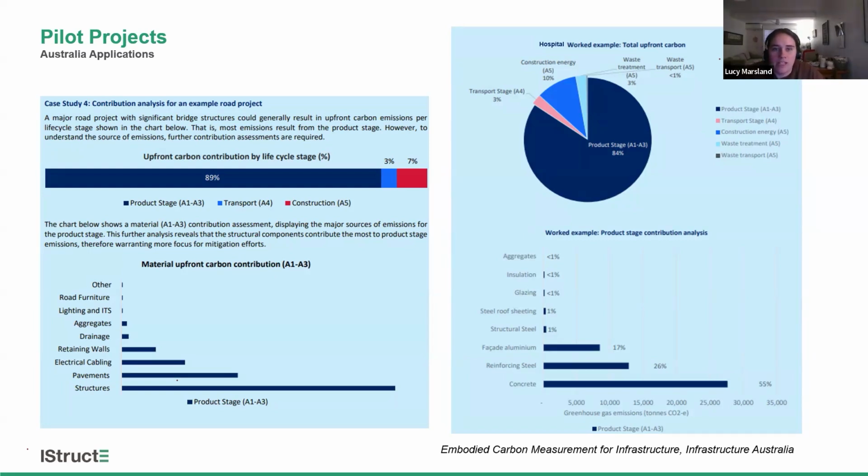So looking at a road project, we can see on the left similar ways of presenting data as Cam showed for the UK, looking at life cycle stage with that big A1 to A3 contribution, around 90%, smaller contributions for the A4 and A5 stages, and then also flipping that and looking by material, and again seeing structures carrying a lot of the responsibility, and that is something we really consistently see.